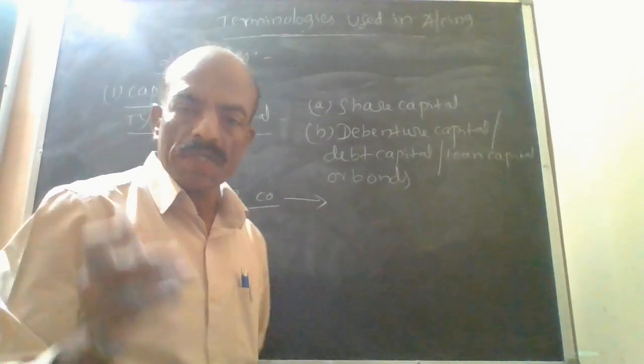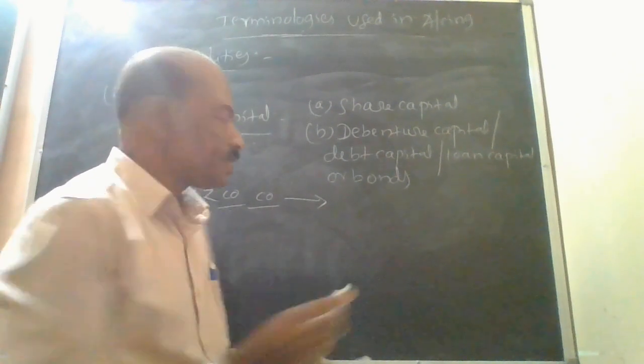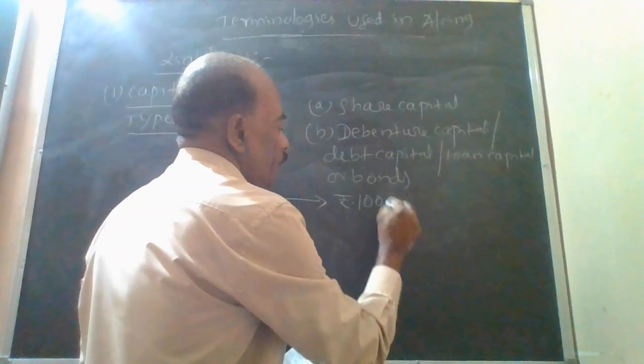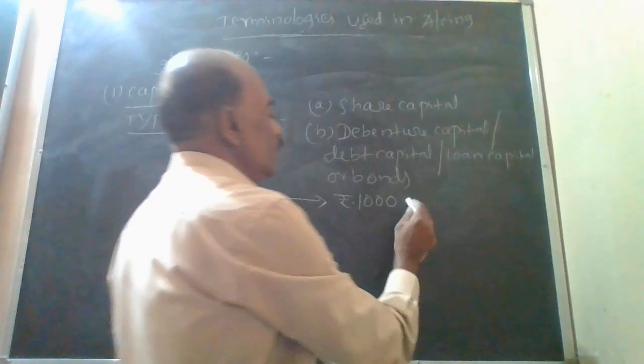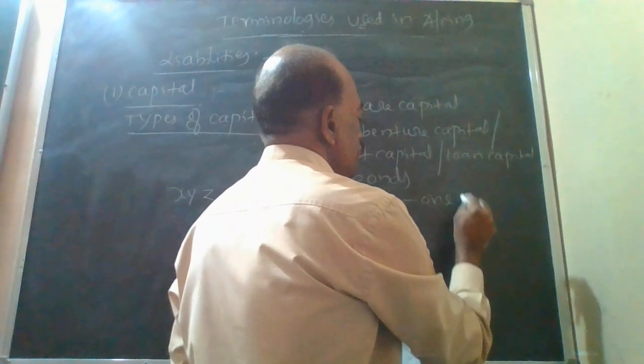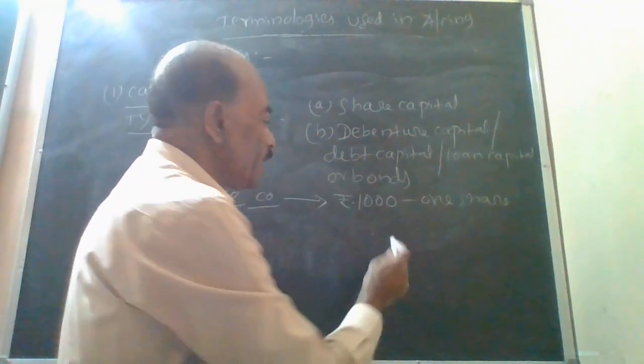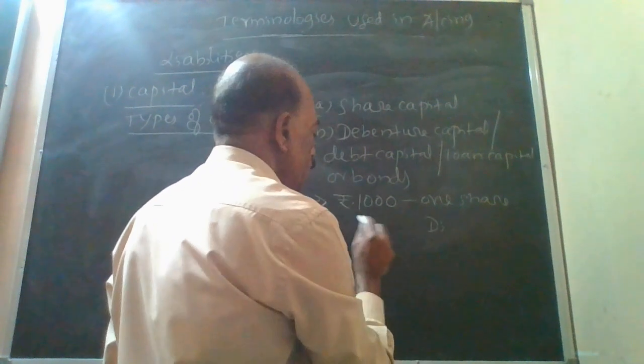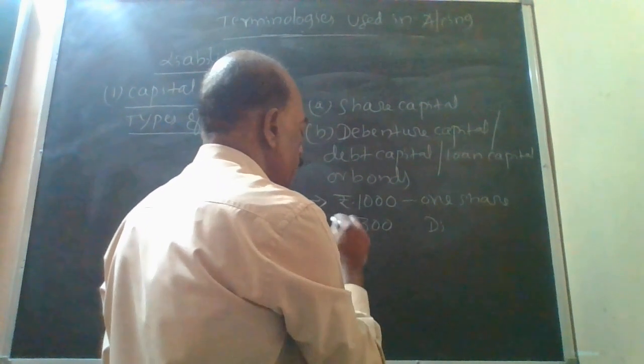The value of one share is 1000 rupees. Those who purchase one share at the price of 1000 rupees will get a dividend. They will get 300 rupees as dividend.